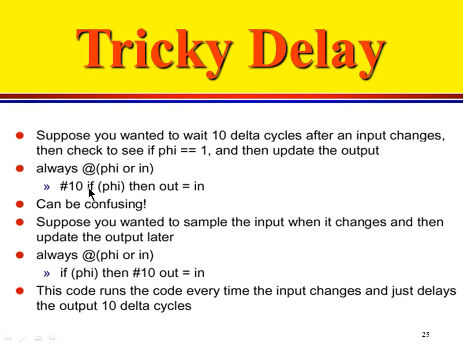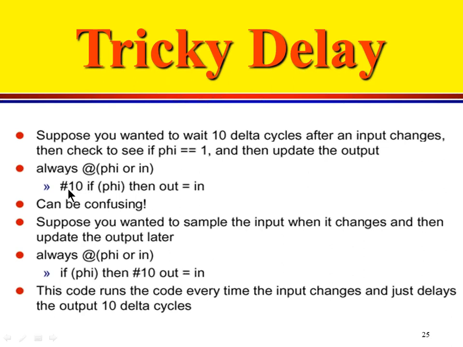So in the first case, 10 is pretty simple. The second case is if phi changes immediately at zero time. Let's assume phi changes at zero time. So we are not consuming any time for checking phi, not consuming any time changing from 0 to 1. If phi is 1 immediately, then you wait for 10, then out equals in.